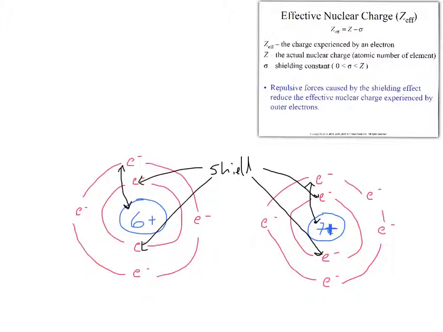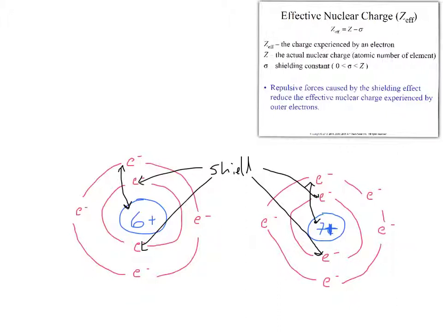So even though they are both neutral, and they have a 1-to-1 ratio of protons to electrons, the shielding's identical for both of these, the distance is identical for both of these, but since the protons here have more pull power, you're going to have a higher pull on these outer electrons. This is why it's easier to remove an electron from carbon than it is from nitrogen.